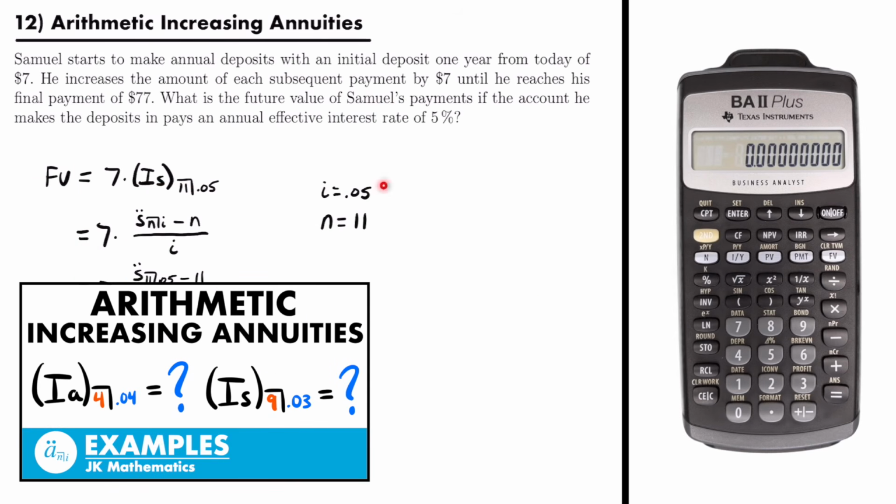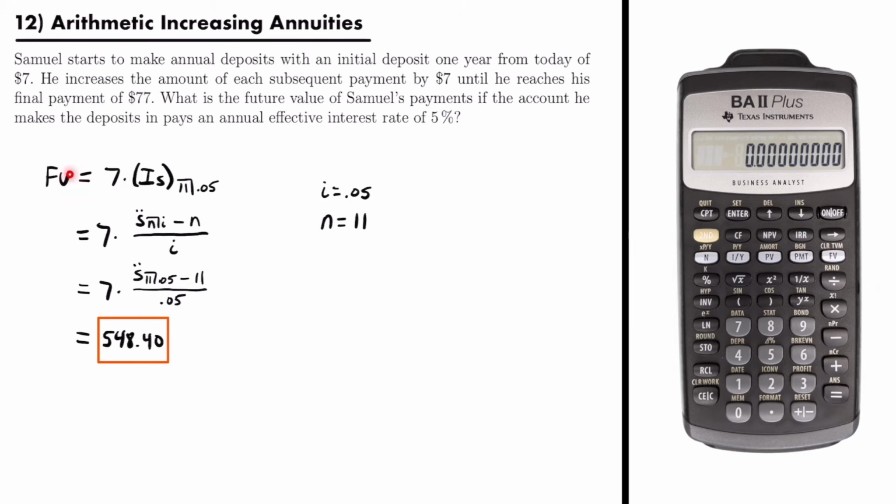This is an example from one of my videos where we're looking at the future value of an arithmetic increasing annuity. And it says Samuel starts to make annual deposits with an initial deposit 1 year from today of $7. And then he increases the amount of each subsequent payment by $7 until he reaches his final payment of $77. What is the future value of Samuel's payments if the account he makes the deposits in pays an annual effective interest rate of 5%?